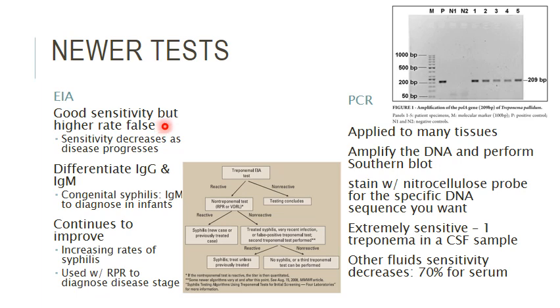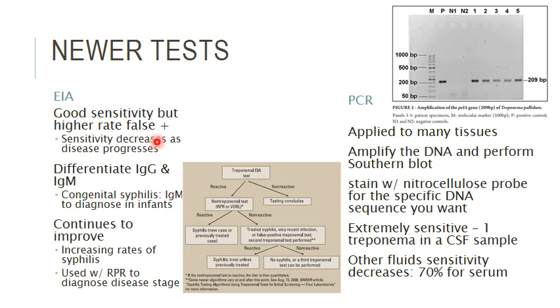Are you talking about an EIA for a non-treponemal antibody? If that's what you're looking for, then yes, it's very sensitive, but there are other things that can cause non-treponemal antibodies. And as well, the sensitivity will decrease as the disease progresses, which we already know about non-treponemal antibodies.